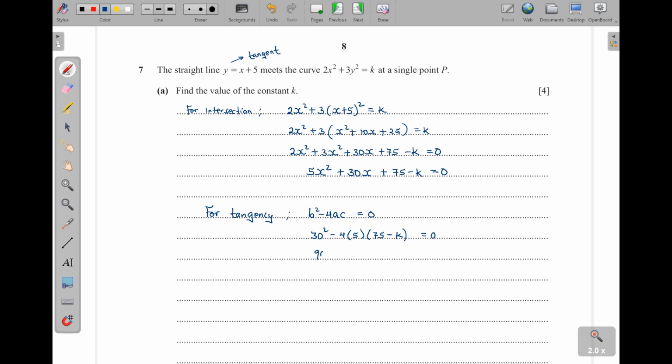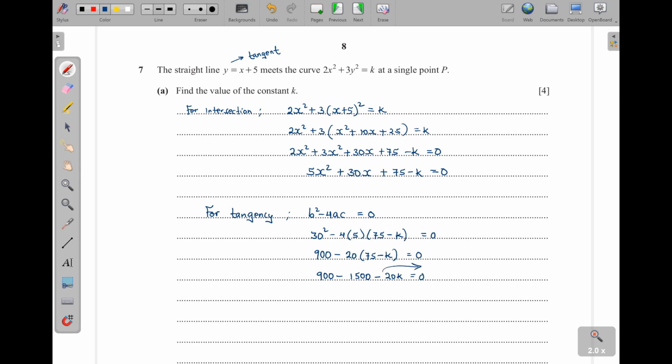This one will be, of course, 900, then minus 4 times 5, that one will give us 20, then times the 75, then minus k. Okay, then this will be 900. 75 times 20, that is 1,500 here, then minus 20k, which is equal to 0.